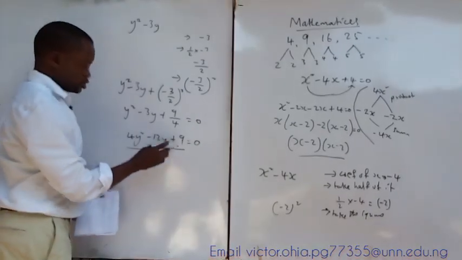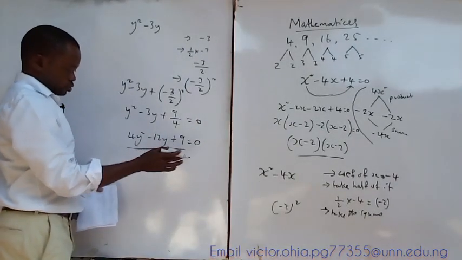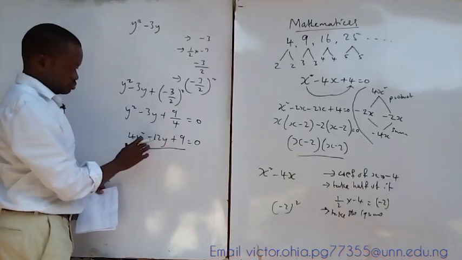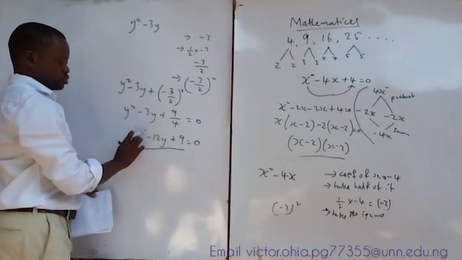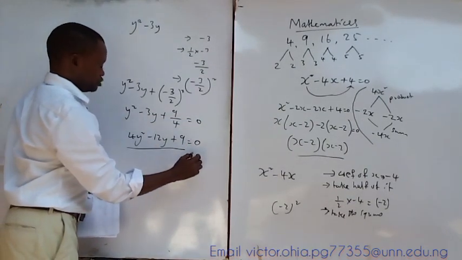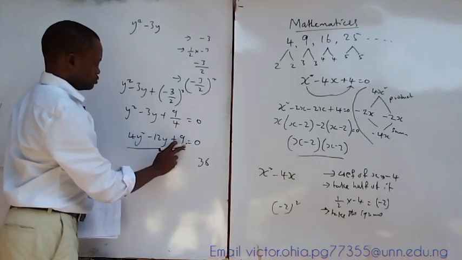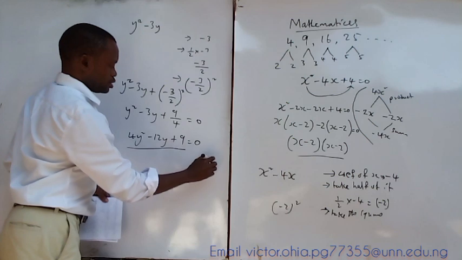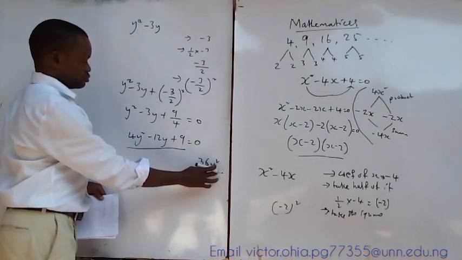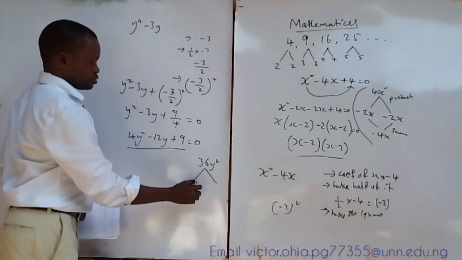If you do the factorization, taking the product of this and this, you are going to have 4 times 9 is 36y squared, positive, and I am breaking it into two factors.